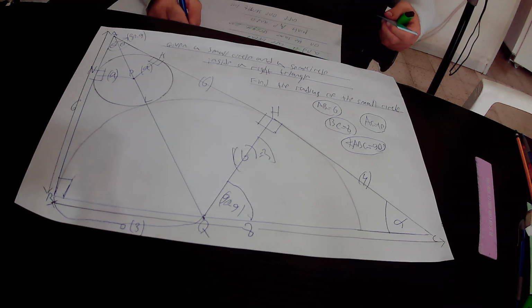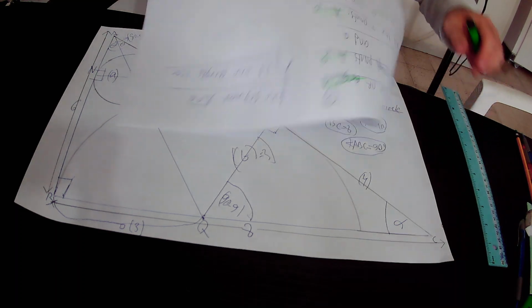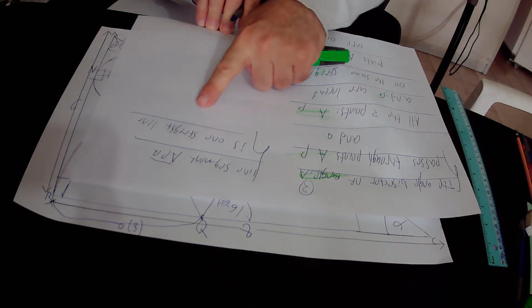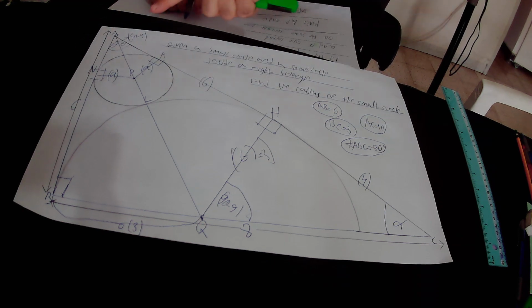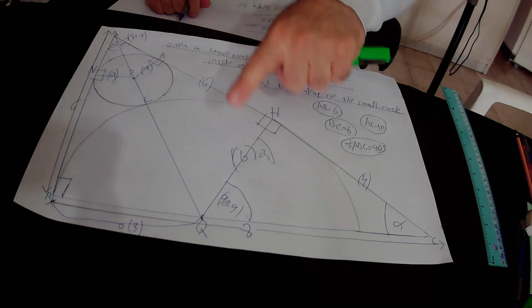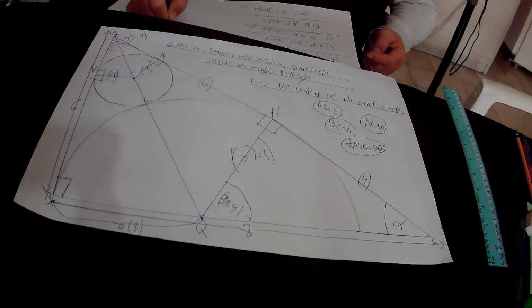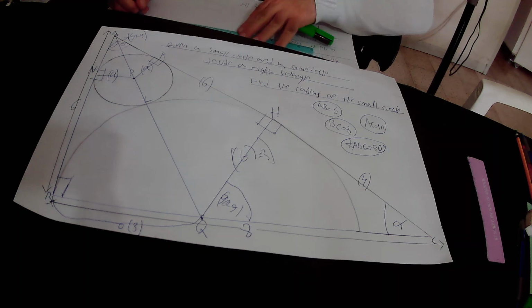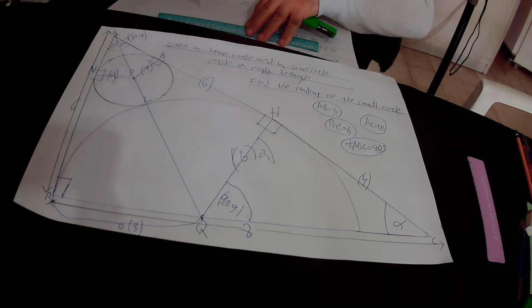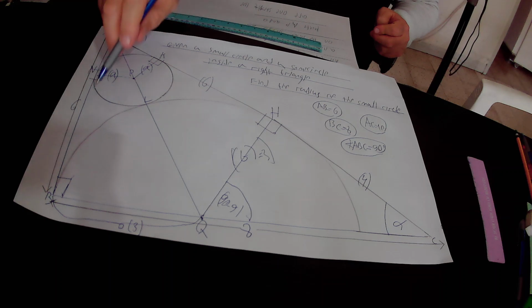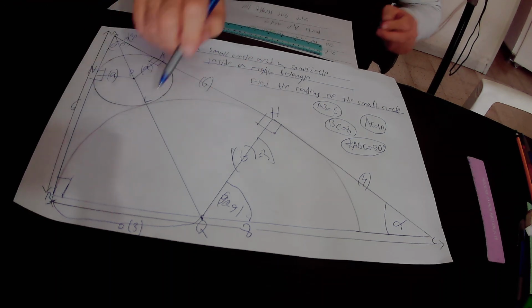But again, if we found out that line segment APQ is one straight line, it means that AQ is also one straight line. So if AQ is a straight line, it means that angle ABQ is a right angle.